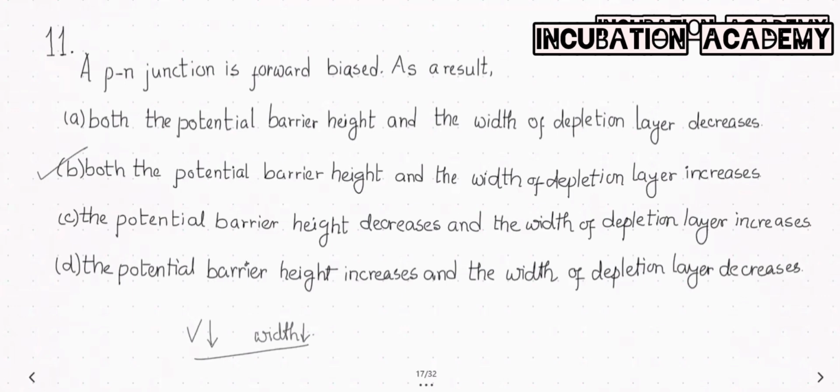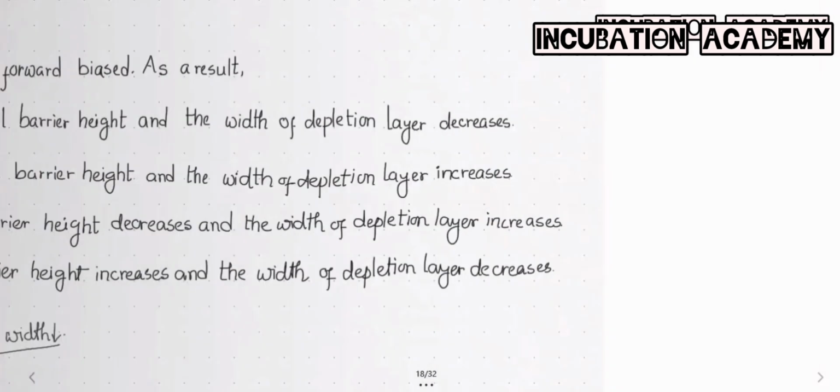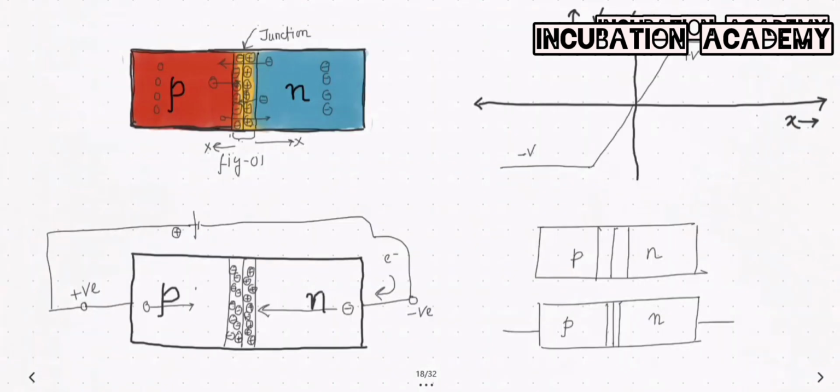And if you continuously increase the potential of the battery, the width of the depletion region will decrease more, the potential barrier will decrease, and there will be more current flow. If you do the reverse scenario, the width will increase, and the potential barrier height will increase.